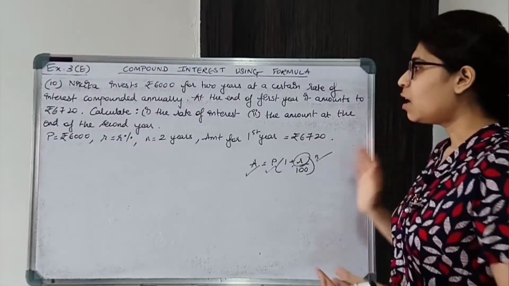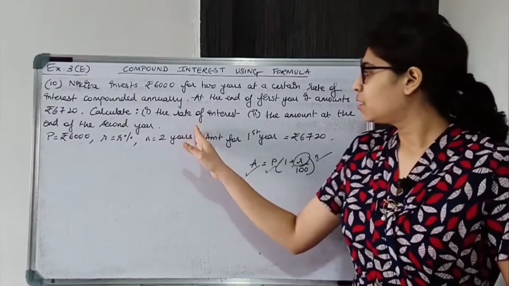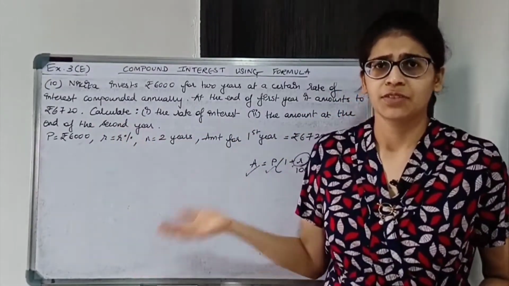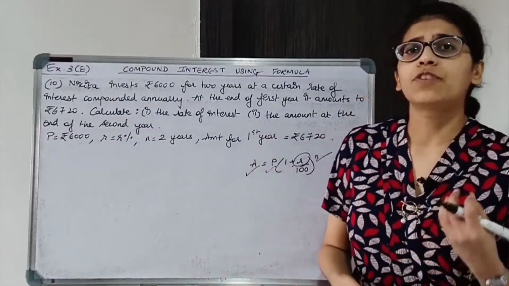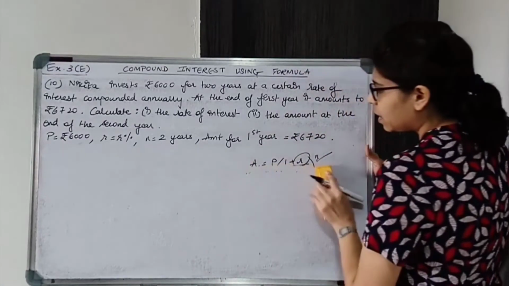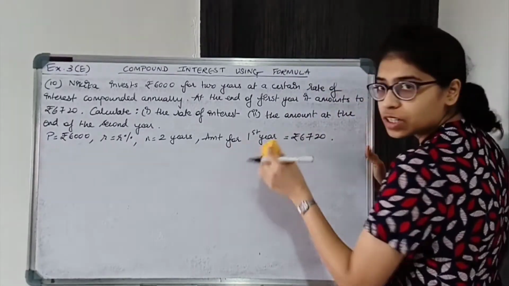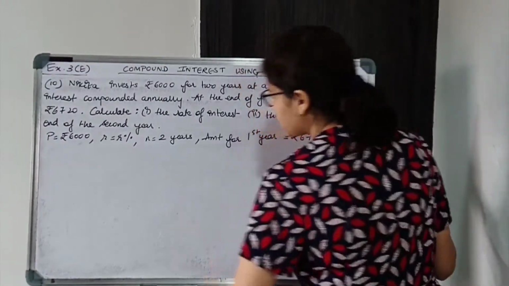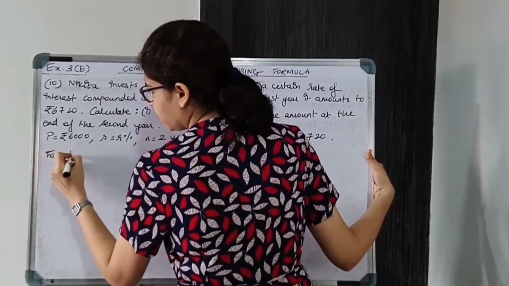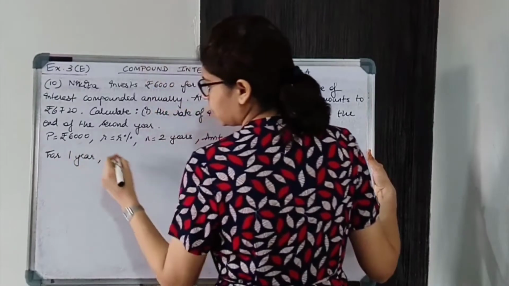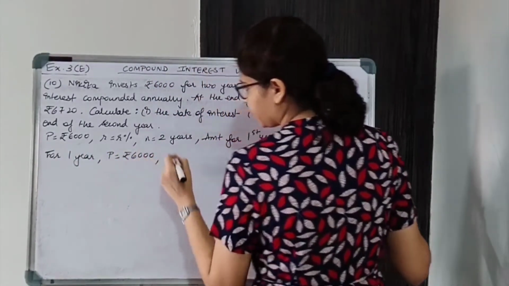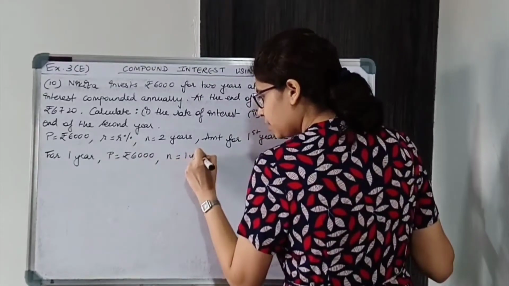Alright, now once you get R, it's easy to find the second part, the amount at the end of the second year. So it's very easy. First let us find the rate of interest. So we'll consider the amount for first year, that is amount for 1 year. So for 1 year, principal is 6000. N will be 1 year.